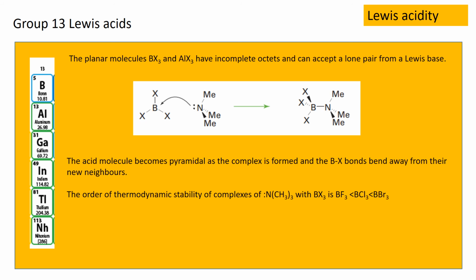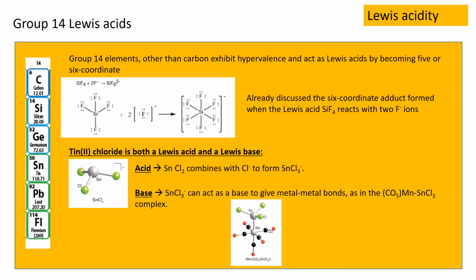Boron and aluminium trihalides have incomplete octets, and very similar to the reaction that I showed you a few slides ago, they are able to accept a lone pair from a Lewis base. And similarly, the group 14 elements can exhibit these kinds of properties.